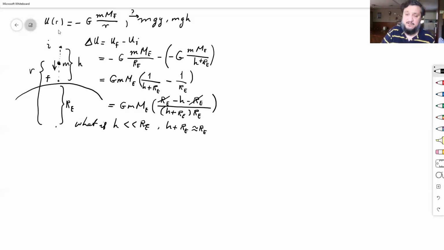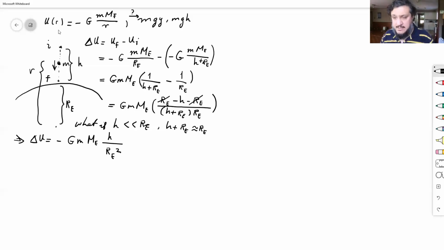So 1 meter versus 6,000 kilometers. So delta U in that case will be equal to negative G M E H divided by, there are two RE's in the denominator, so RE squared.